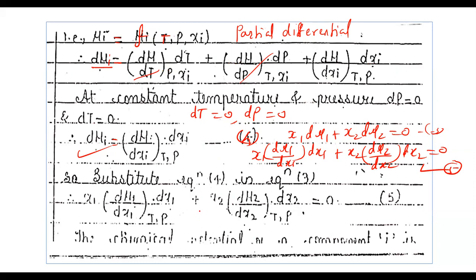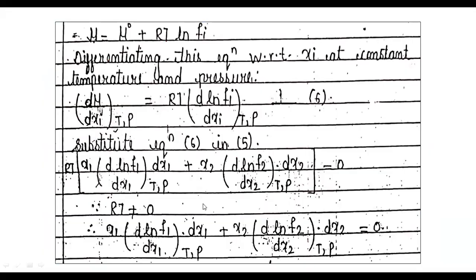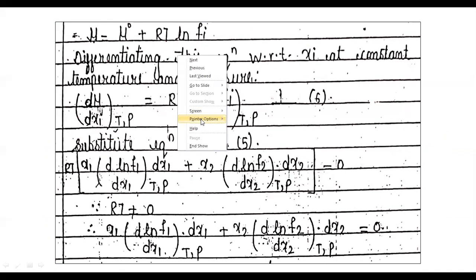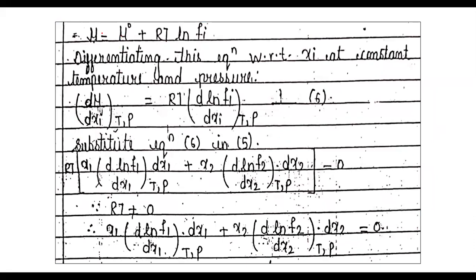Now we know the definition of the chemical potential. According to the definition, the chemical potential for the ith component is given by mu i equal to mu i0 plus RT ln fi, where fi is the fugacity.